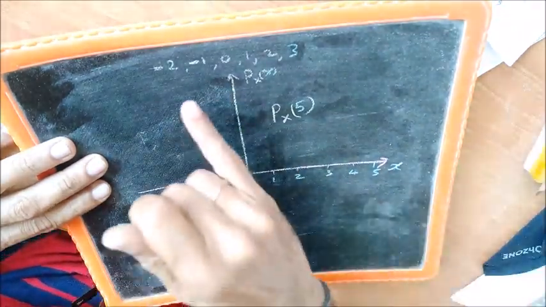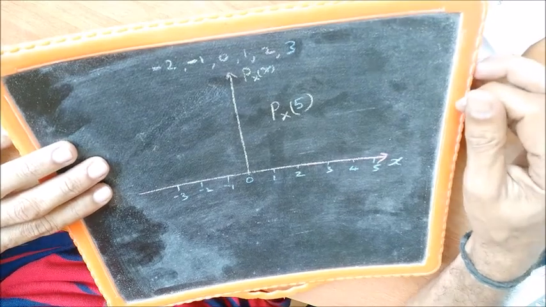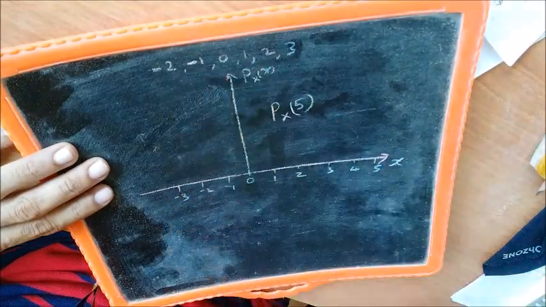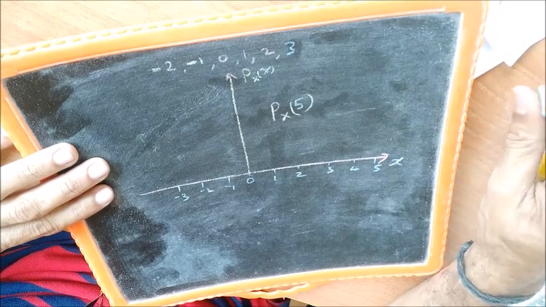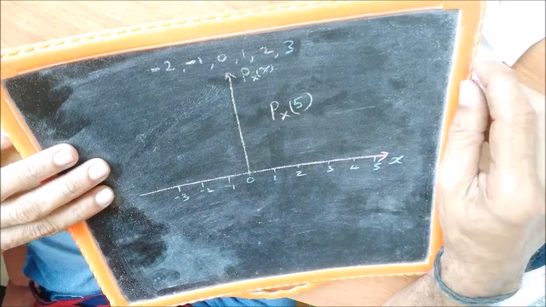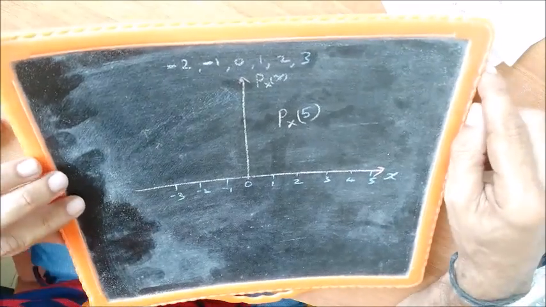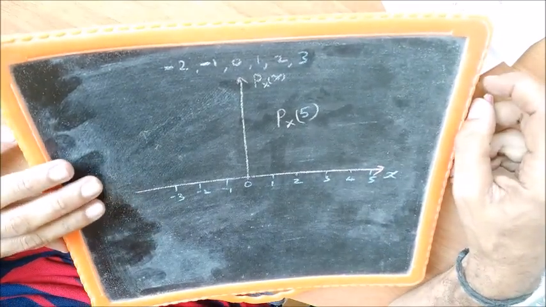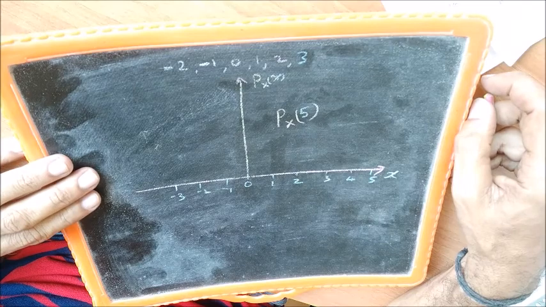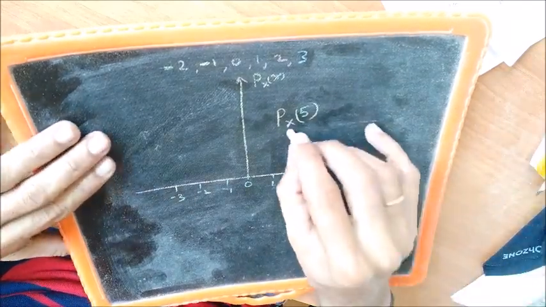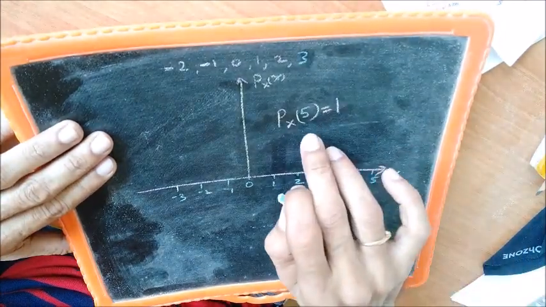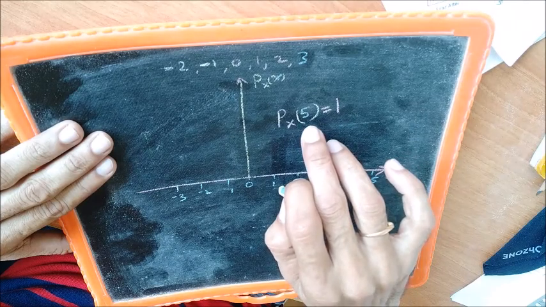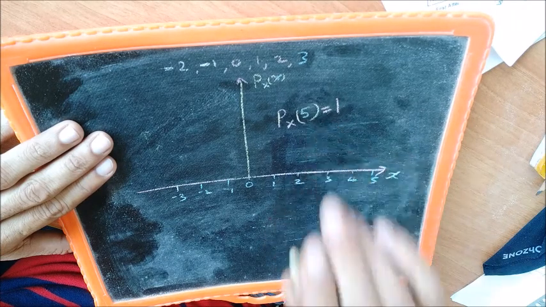And in our case, when we roll the die whose faces have been mapped onto these numbers, it is definite that you are going to get a value which is less than or equal to 5. It's certain. Whether you get 3 or -2 or any of the other numbers in between, you are going to get a number less than or equal to 5. So P_X(5) is 1.